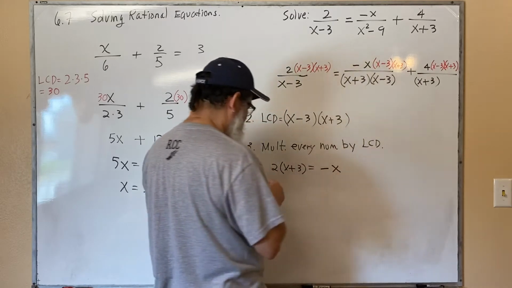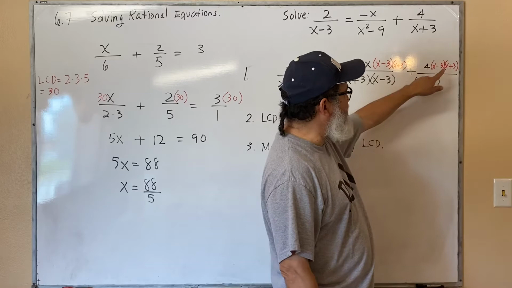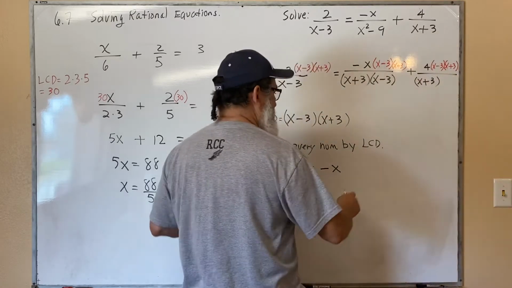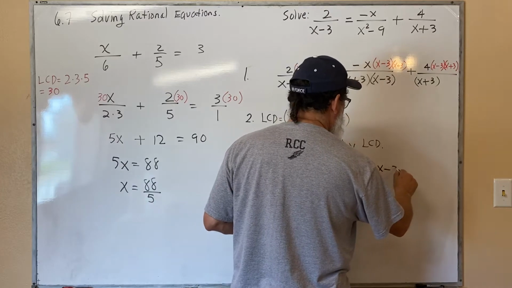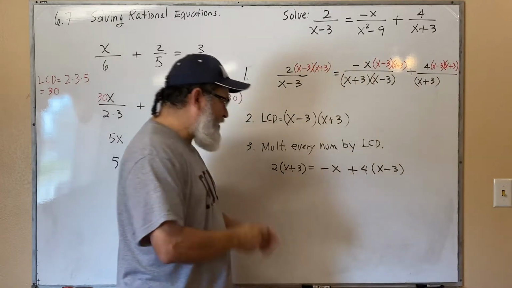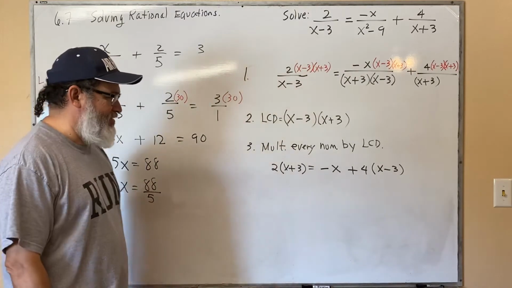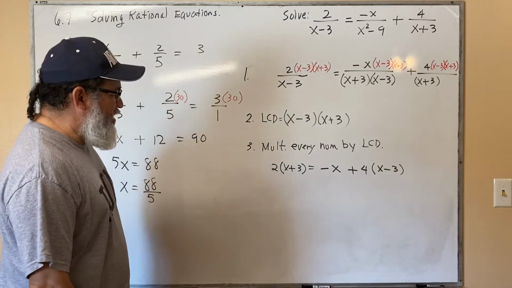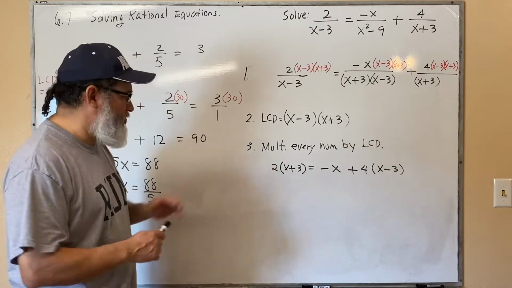Minus x, plus, this x plus 3 cancels the x plus 3, 4 times x minus 3. Look at that! Nice! Now solve. Step number 4, solve.